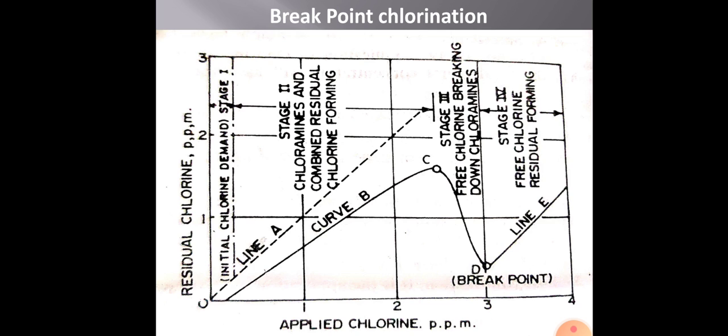And also it will completely oxidize the ammonia and other compounds that are present in water. It also will remove the color due to the organic matter, say by 30%, and it also removes minerals like manganese, etc. So this breakpoint stage can be determined by various laboratory tests. So I hope the concept of breakpoint chlorination is clear.